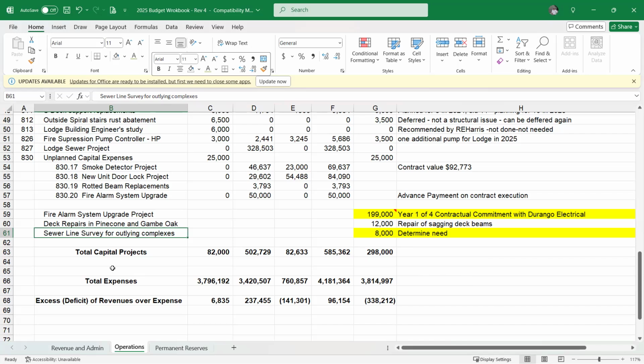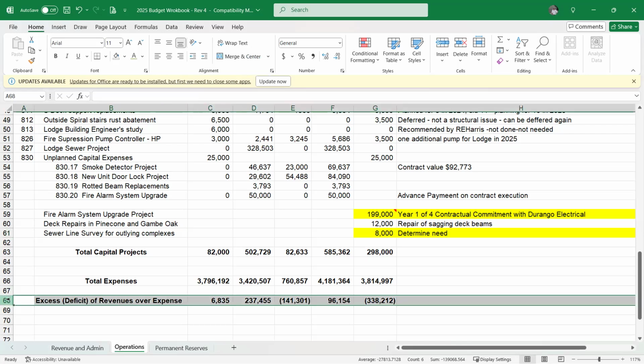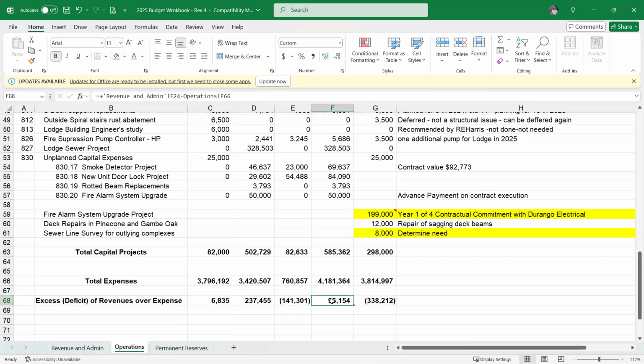All right, then. If we look at the bottom line numbers, this is everything tallied up. Our deltas, if you will: we expect to be in the black by perhaps $96,000 in 2024.